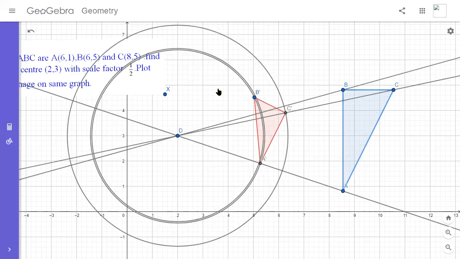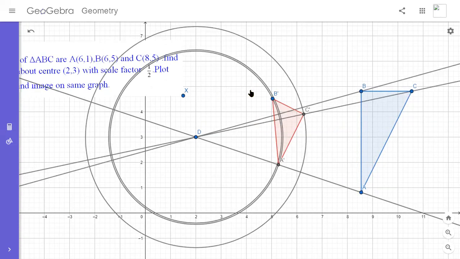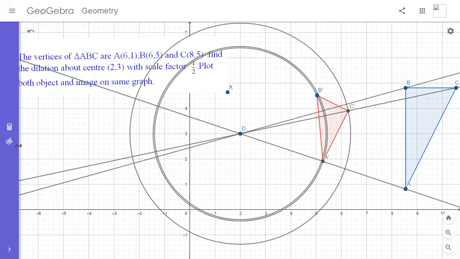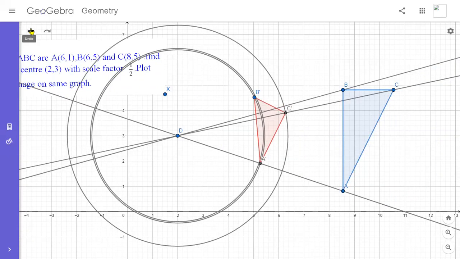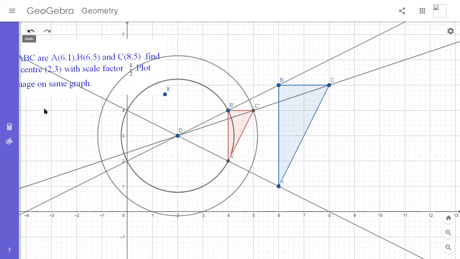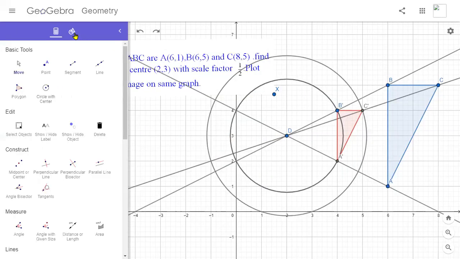By this basic concept, we have just solved this question. Let me remove the unnecessary circles here. Let me remove the unnecessary drawings. Just hiding these circles.